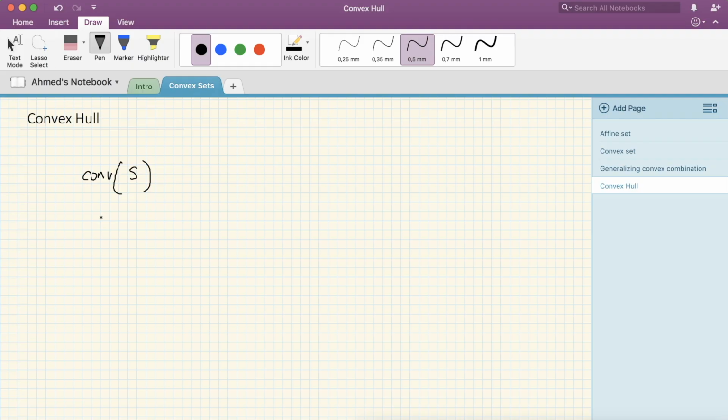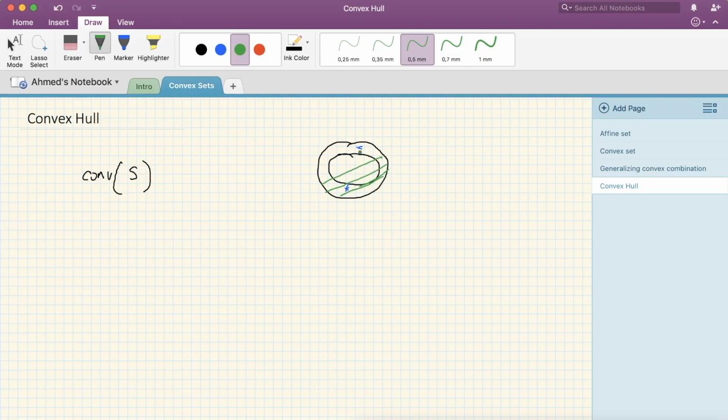It's a set of all convex combinations of points in the set S. So what we mean by that is, let's say I have the following set, the donut, again with the donut. And let's say I grab those 2 points right here. The donut is not a convex set. But what the convex hull does is that it convexifies it, right, informally. So it transforms it to the closest shape, which is convex. And what is that shape? It's the circle right here.